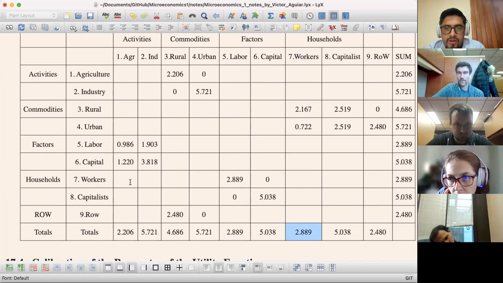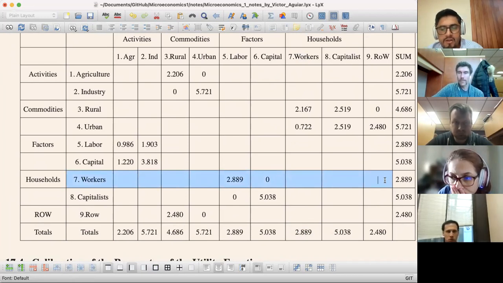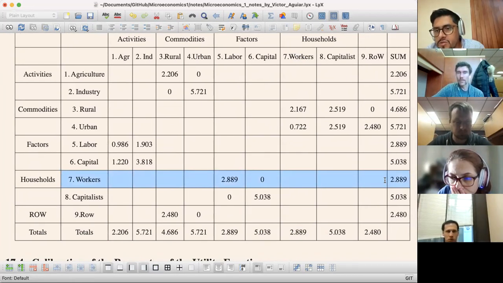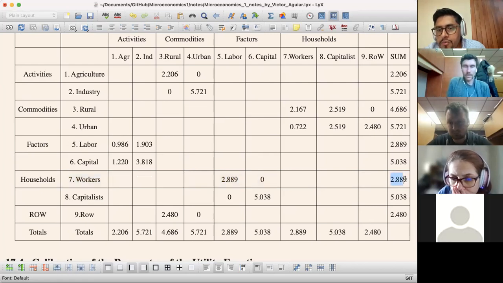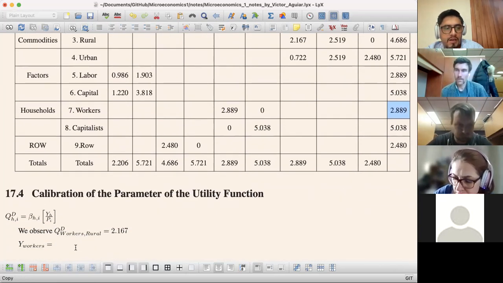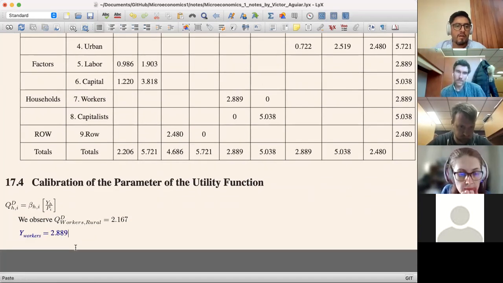So you can also go here and see how much workers receive as part of factors. These are payments to labor, right? And this is from the side of income. So income is equal to expenditure here, it is a completely closed economy. So this is 2.899, okay? So this is the income of workers.